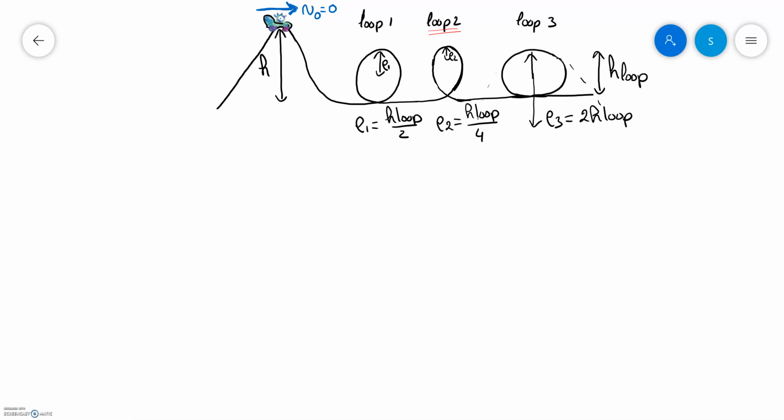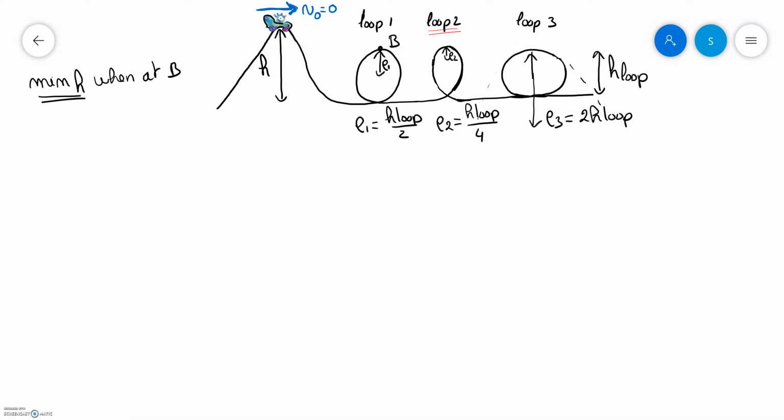Okay, so we want to find the minimum h. The minimum h is when, at point B, the roller coaster stays on the track.